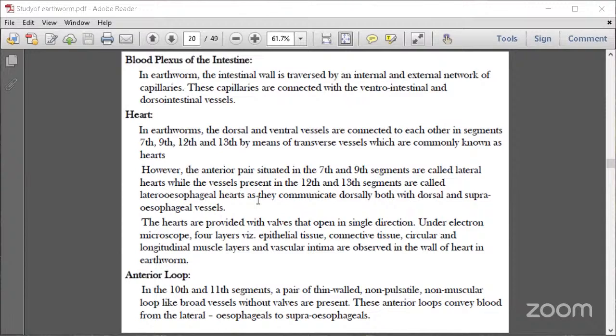However, the anterior pair situated in the 7th and 9th segments are called lateral hearts, while the vessels present in the 12th and 13th segments are called lateral esophageal hearts, as they communicate dorsally with the supraesophageal vessels. The hearts are provided with valves that open in a single direction.